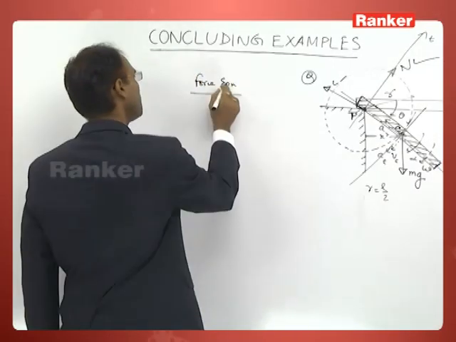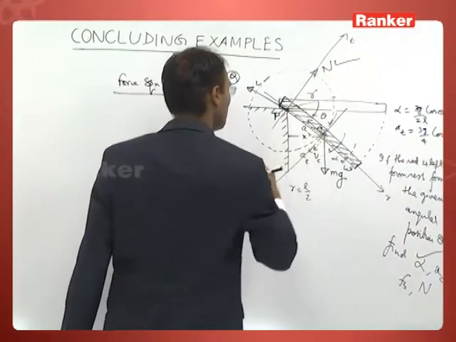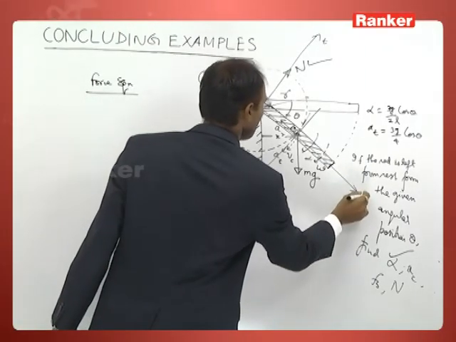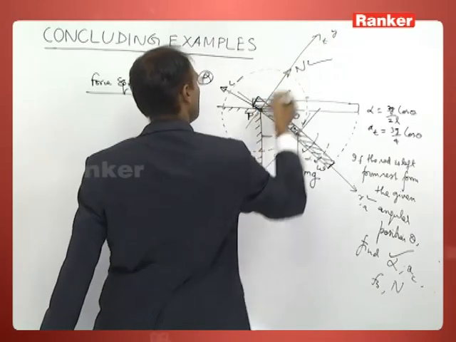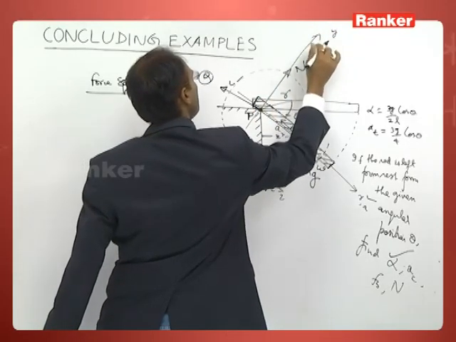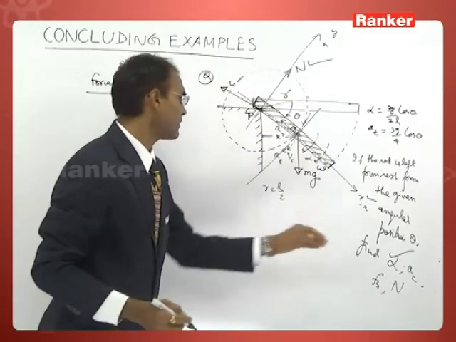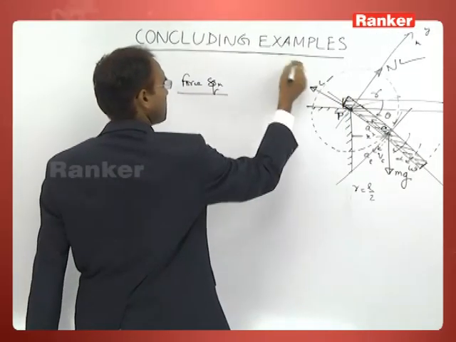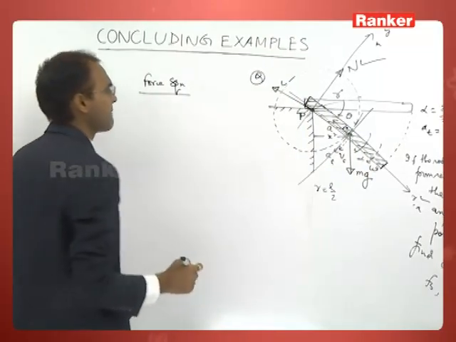The force equation, taking this as the axis. You can take it x-axis or r-axis, or you can take it y-axis or n-axis or t-axis, your wish. Along this direction, what is the net force acting? If you take this direction positive, this will be negative, your wish.